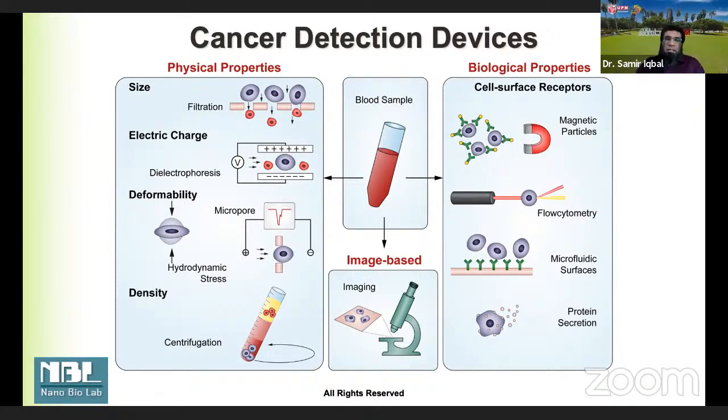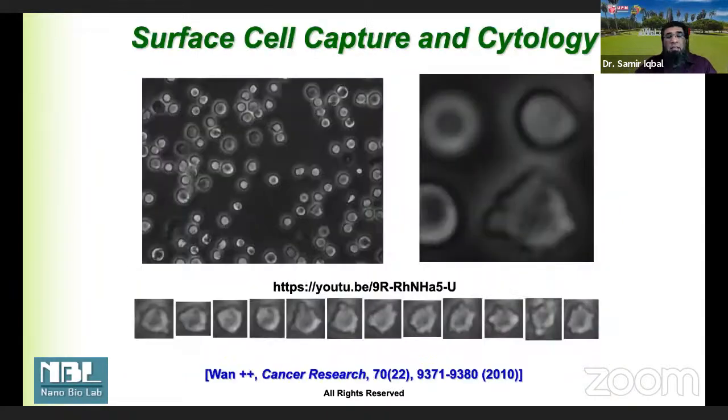Here are a few examples where we do imaging. Now, imaging is something interesting. We capture those cells on the surface, and then over time we can see the behavior of the cells. This is a video which we have on YouTube, where we can see the cells changing their boundaries over time.